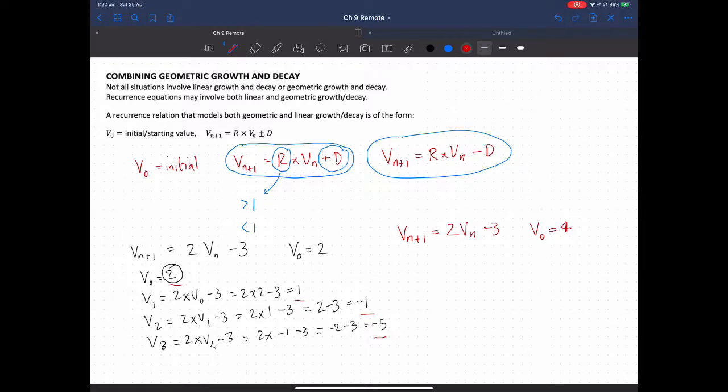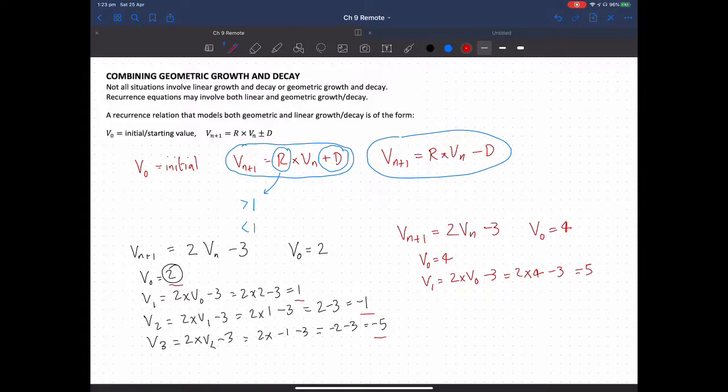That means V0 is 4, V1 will be 2 times V0 minus 3. 2 times 4, which was our value for V0, minus 3. 2 times 4 is 8, 8 minus 3 is 5. You can see we've increased from 4 to 5.